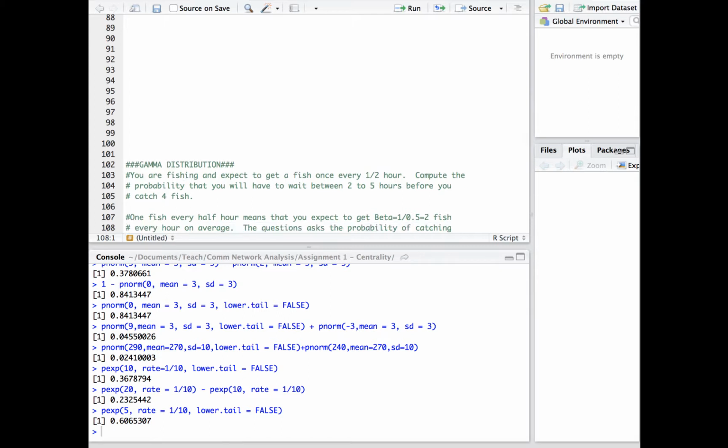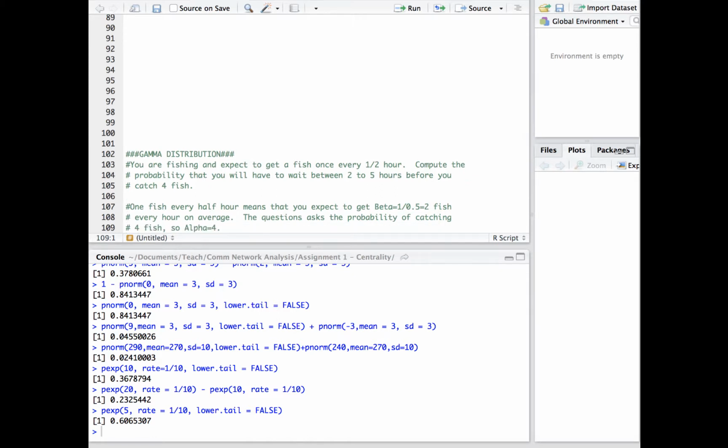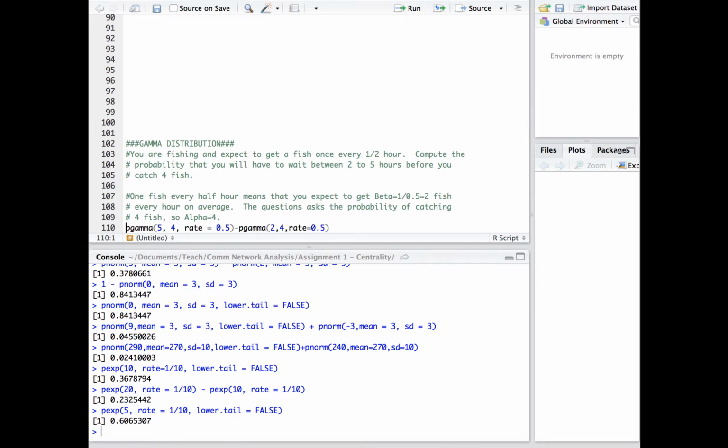The question is asking the probability of catching 4 fish. So alpha, this is like your criteria that you want to see, is how many failures, or how many observations, or how many successes, however you want to call that, and that alpha equals 4 fish. If I want to ask the question, what is the probability that we are waiting 2 to 5 hours to catch the 4 fish, then I have to calculate the P gamma.